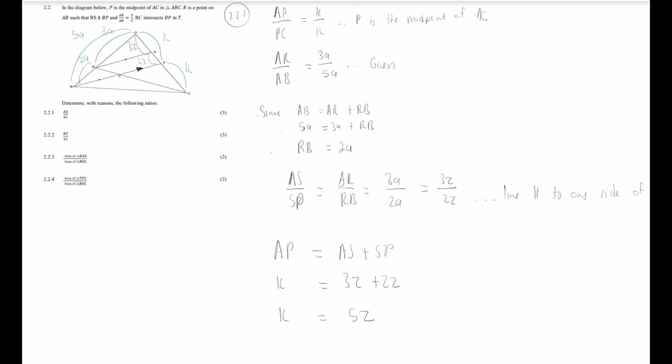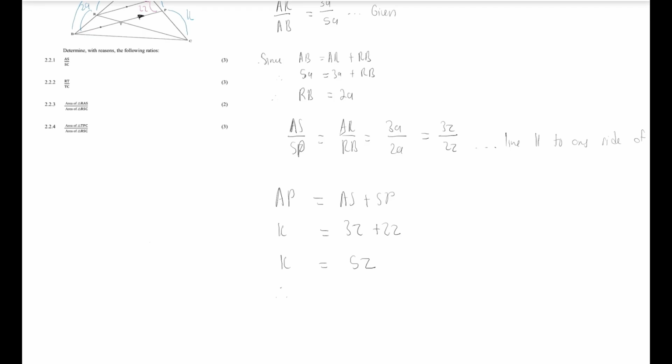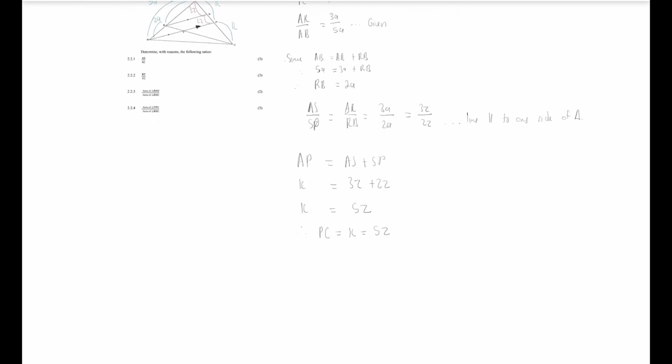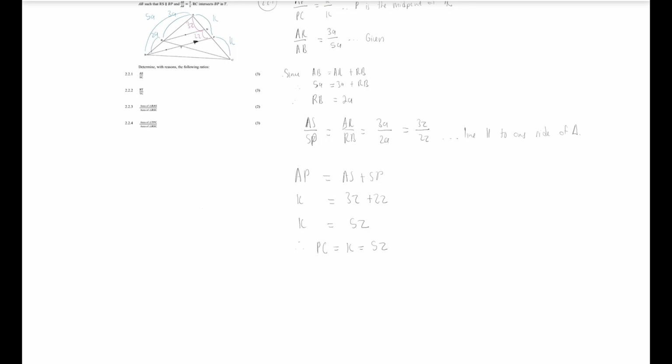So then what I can choose to do now, what this tells me is that therefore my PC, which is equals to K, is going to be equals to 5Z. And my SC is going to be equals to my SP plus my PC.